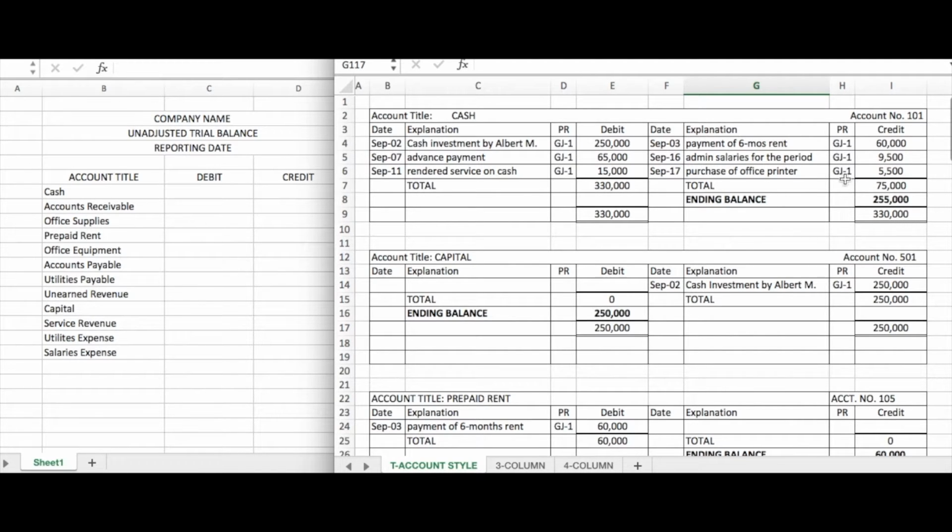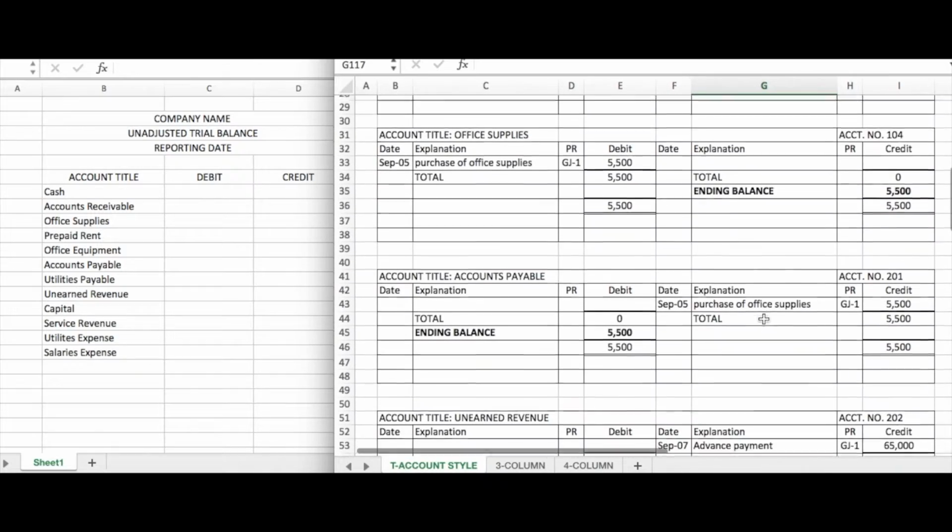Bring down the higher amount between the two. In this case, this is 330,000. So leave a space for the ending balance, then bring down 330,000. The side with the balancing figure is where the ending balance is, and that would be the amount of the ending balance.